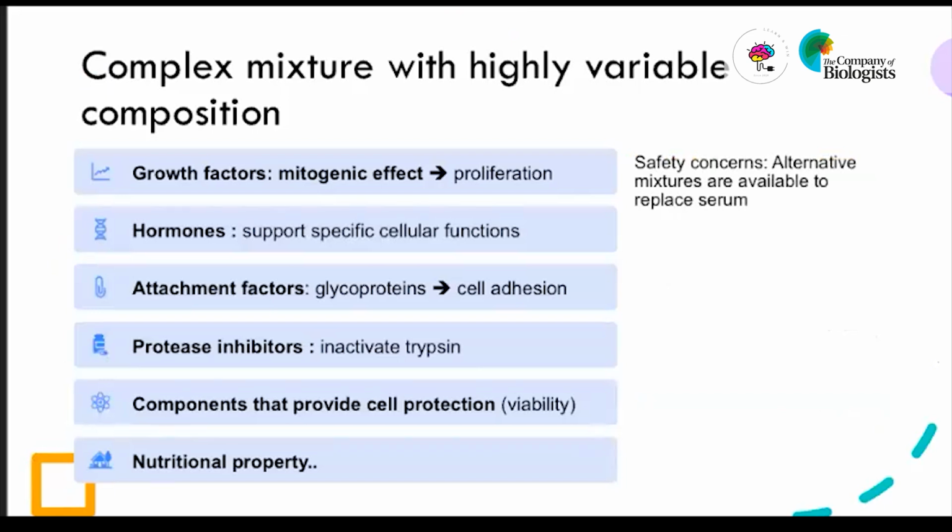So serum contains several important compounds. Growth factors boost cells to divide, while hormones support specific cellular function. Attachment factors help cells stick to the culture surface, and protease inhibitors prevent damage from enzymes like trypsin.